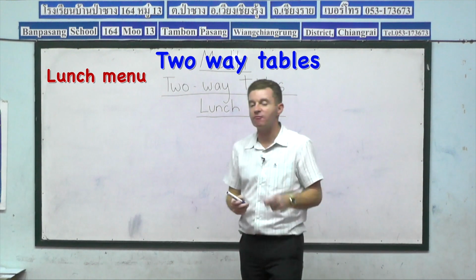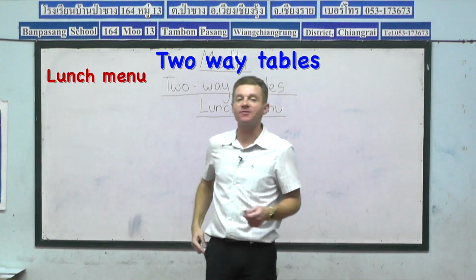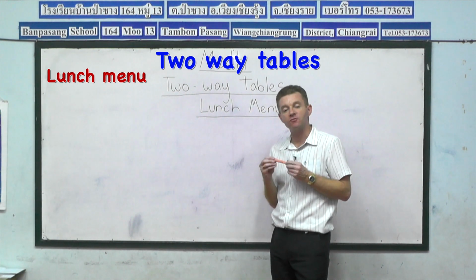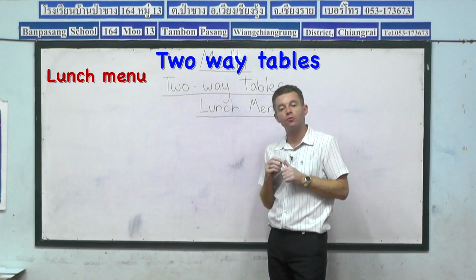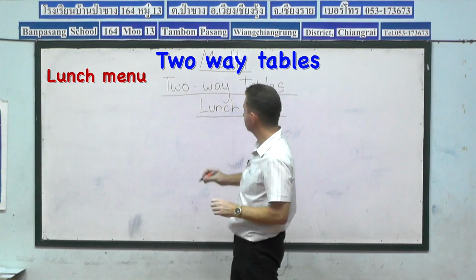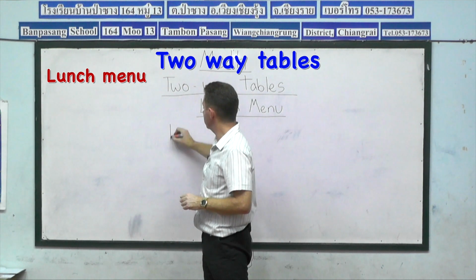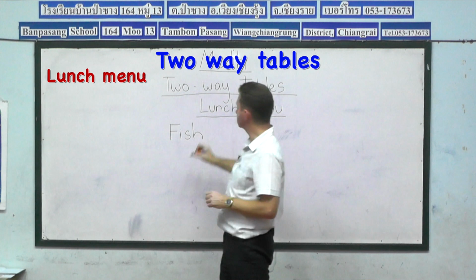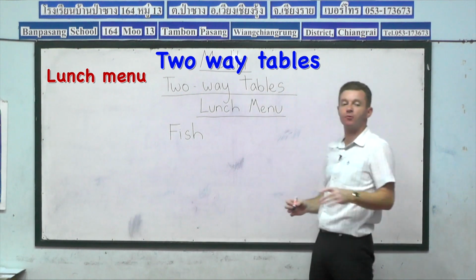So what we need first is we need some categories. We need some different types of food that we might like to eat at lunch. So who can give me a nice food that they like to eat at lunch? A type of food. Fish. Okay, fish. Excellent. So we've got fish. F-I-S-H. Now let's have 3 different types of food.